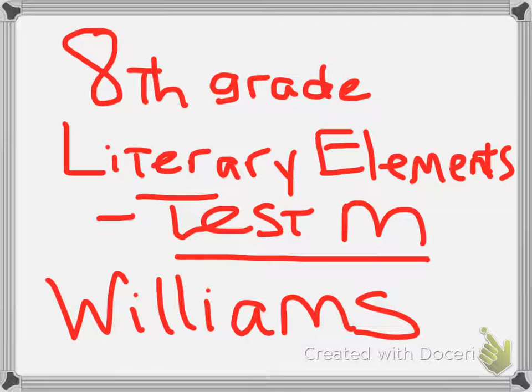So number 10, the growing anxiety and excitement a reader feels as the plot of a story unfolds. Number 11, the intention of the writer, example, to explain, tell a story, to persuade, to inform.